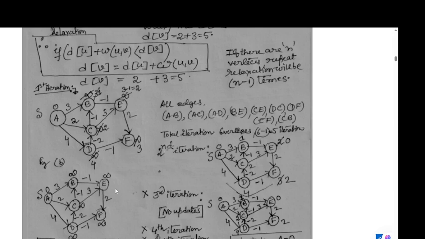So what you have to do first is write down all the possible edges. In this case, let's say A is the starting vertex, which is the source vertex. So all edges you have to write initially: AB, AC, AD, then BE, CE, DC, DF, EF, and CB.